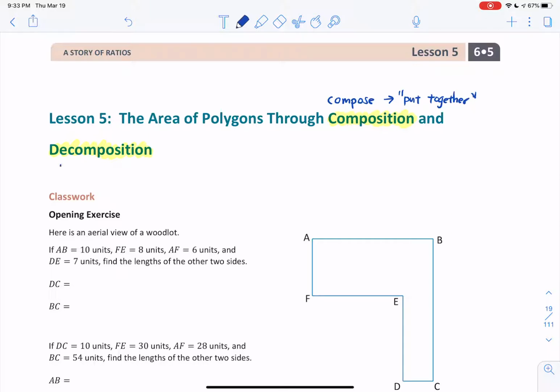So decompose means basically to take apart. As I write these down, you should be writing it down in your notes, or hopefully you were able to print out these pages and write in them right now. So composition means to put together and decomposition means to take apart.